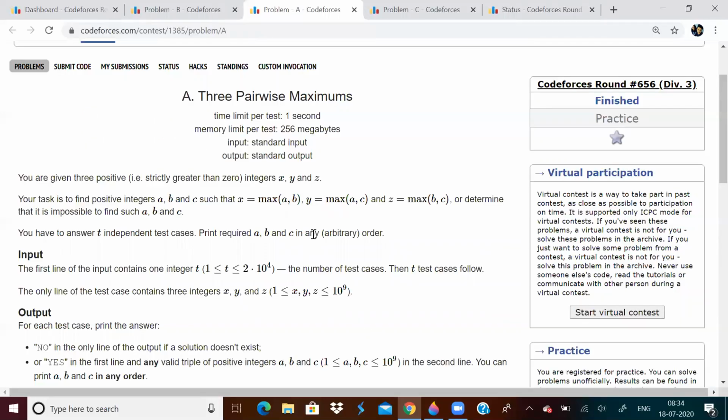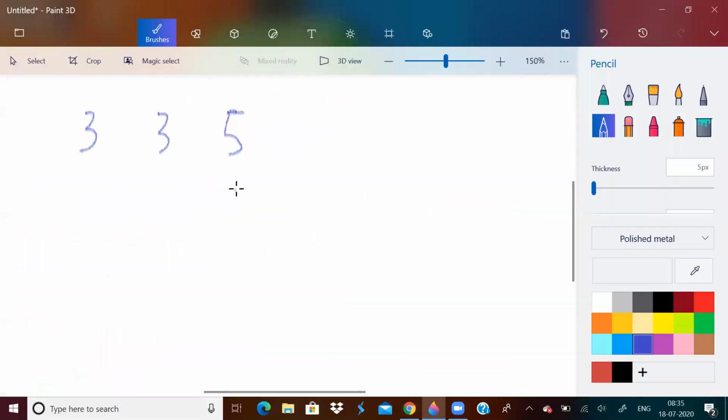See, X is max of A and B, and Y is max of A and C. So suppose I take C as 5, then if I take any number over here for A, you will not get the answer.